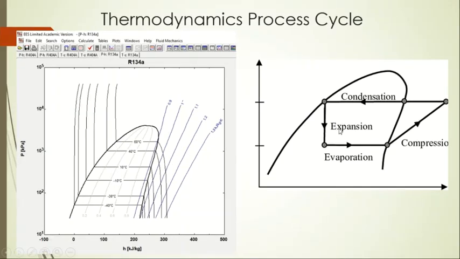So here again, this is a very simple example, as we know that this is a pH diagram, and the pressure at the evaporator and condenser remains constant, and the pressure and enthalpy definitely both increase in the compression cycle. On the other hand, the expansion valve process, or expansion of gas, is a constant enthalpy process.